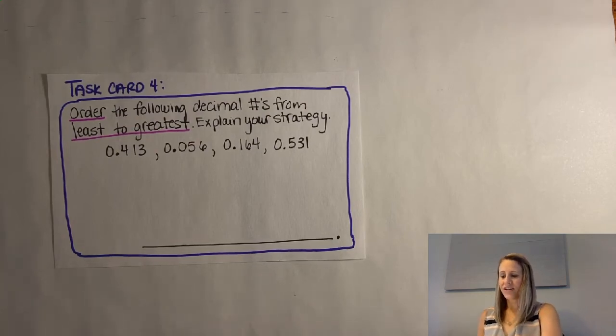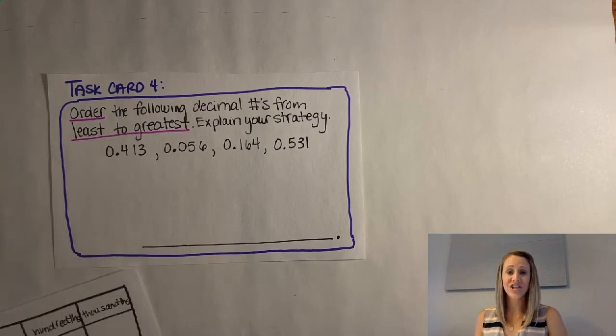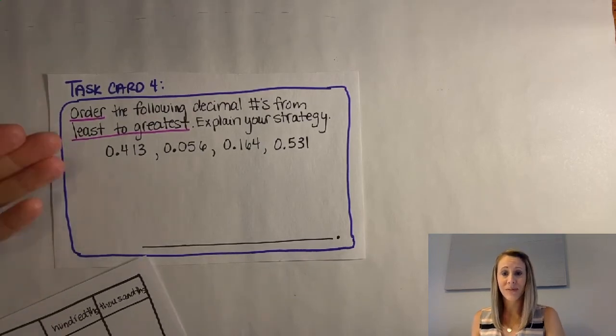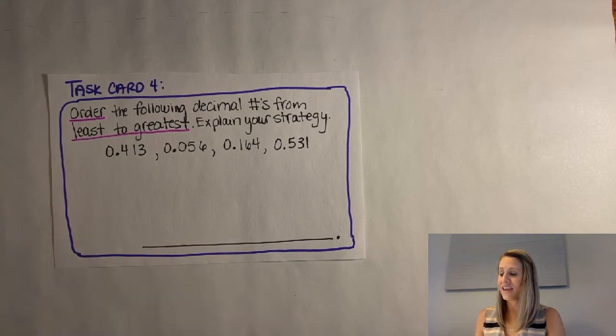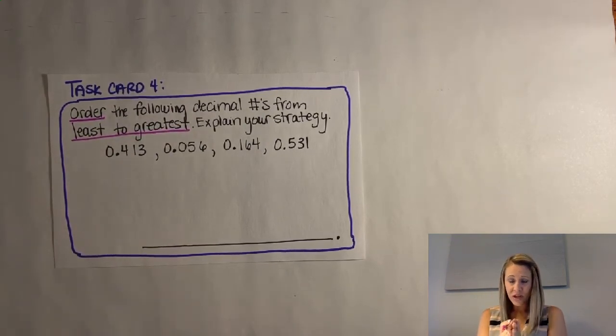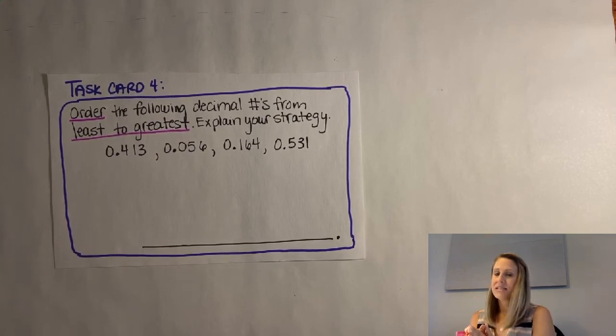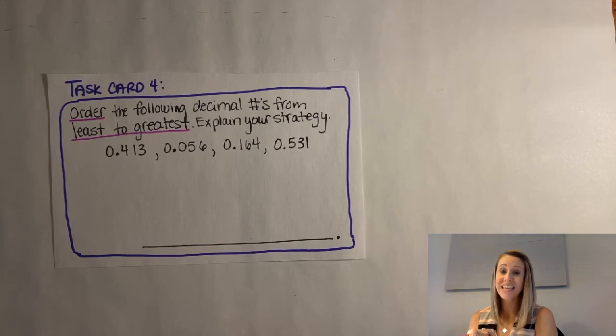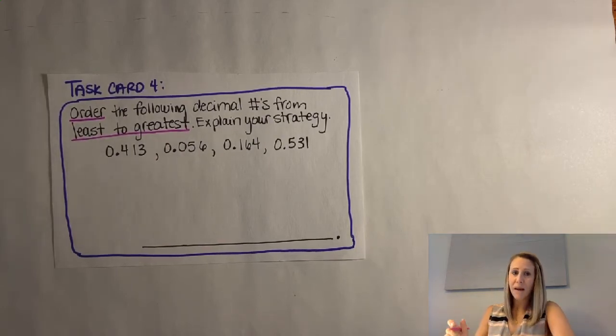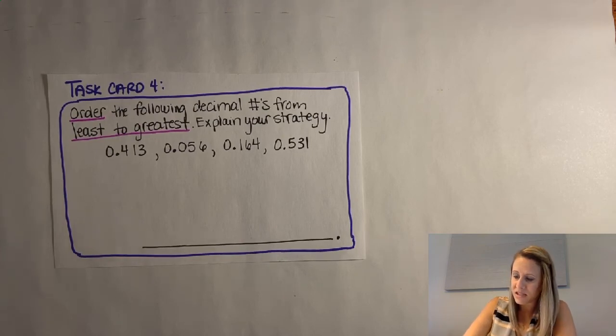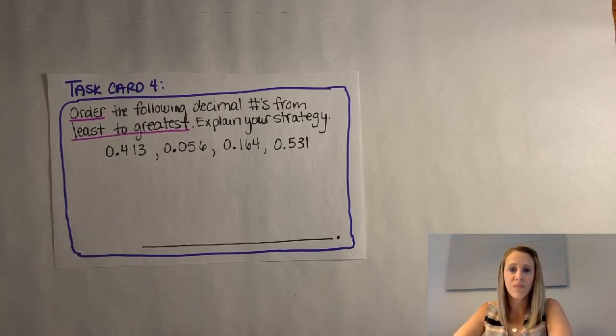So one strategy is to just look at the numbers. Each one has how many digits beyond the decimal point? 3, right? They each have 3 apiece. So I could start at the decimal and look to the right to see if there's any difference in my tenths. So notice in this first number, the tenths is the value 4.